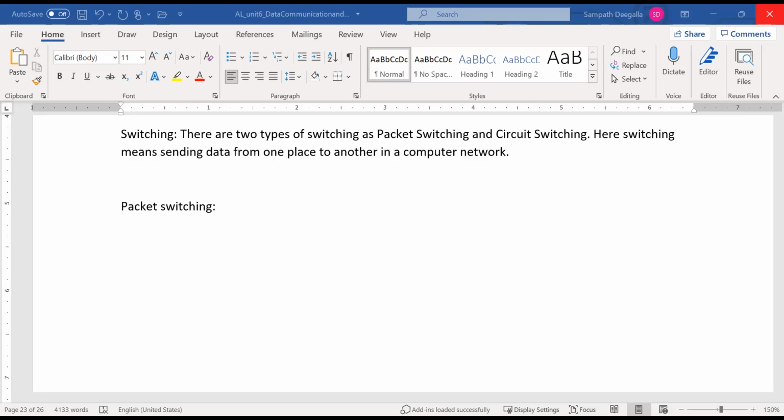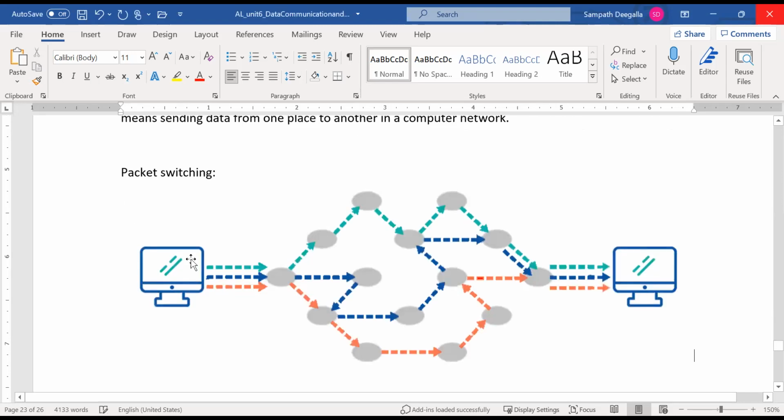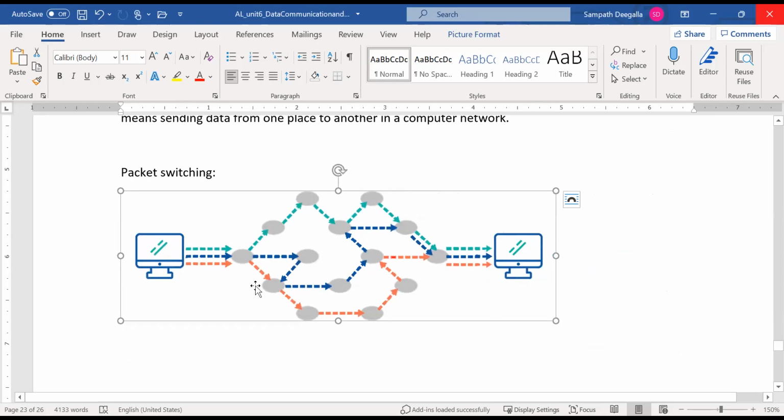So let me draw this one first. What you need to do is simply symbolize a computer here, one place, another place, and use three colors to represent the packets. The first packet goes through different nodes.